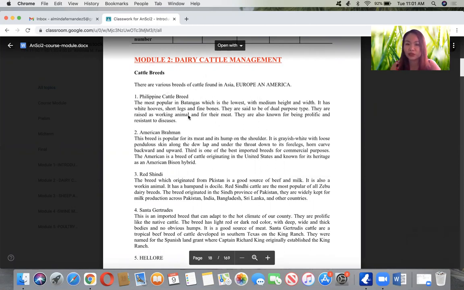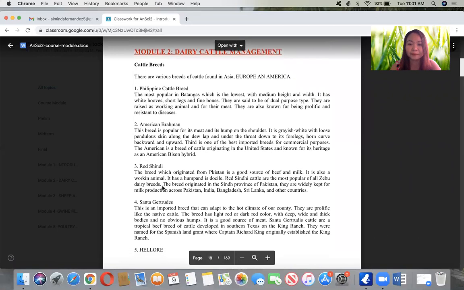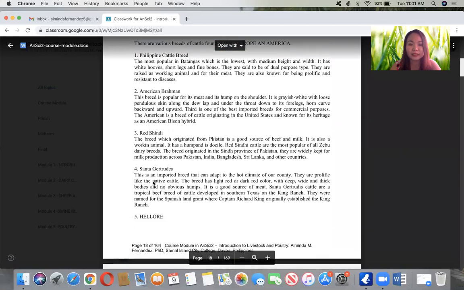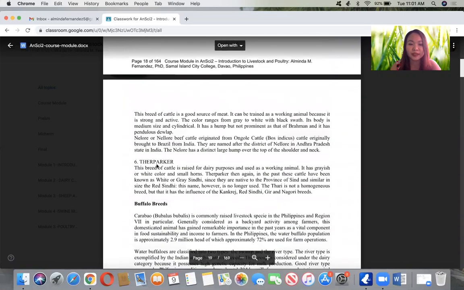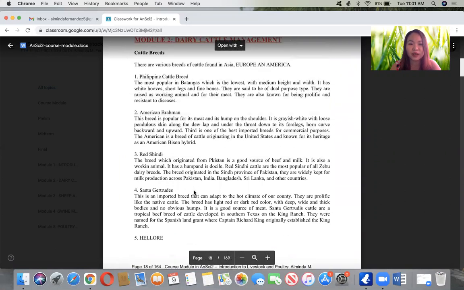We have, of course, the Philippine cattle breed, the American Brahman, the Red Sindhi from Pakistan, and we have Santa Gertrudis, Holstein, and Hereford. So these are the six most common breeds of cattle.